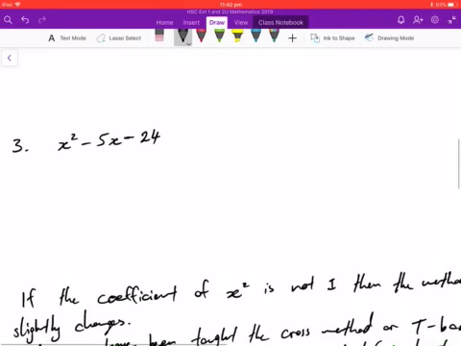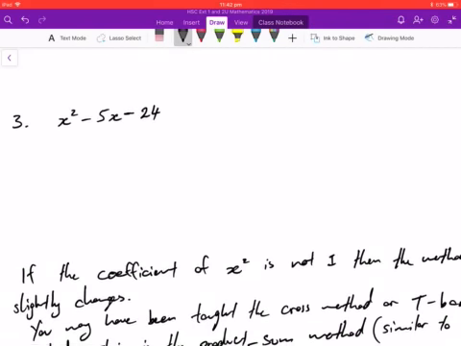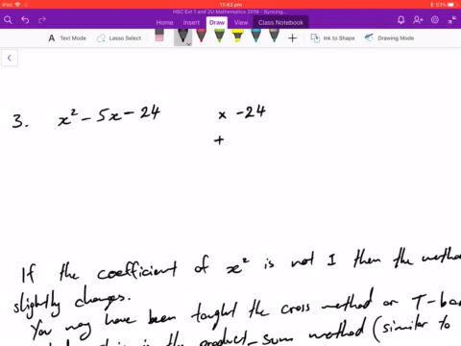All right, number 3. X squared minus 5x minus 24. So the two numbers have to multiply to negative 24 and they have to sum, or add, to negative 5. Now, you notice that my product, my multiplication, has to be a negative number. That means I'm looking for one positive and one negative. That's a clue.